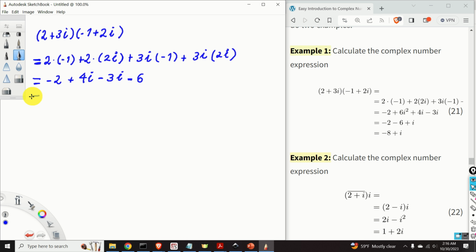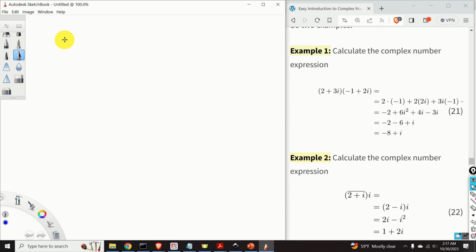And let's see the result. The result is minus 2 minus 6. We group the real parts, and then we group the imaginary parts: 4 minus 3i. Minus 2 minus 6 is minus 8 plus i. And that's it.